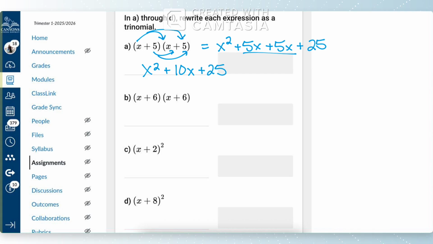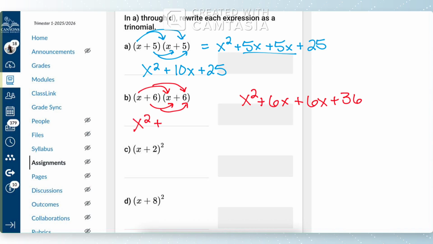Doing that same process with these next problems, for the first terms here, I get my x squared and a 6x. In this secondary distribution, I get a 6x and a 36. So my trinomial is x squared plus 12x plus 36.